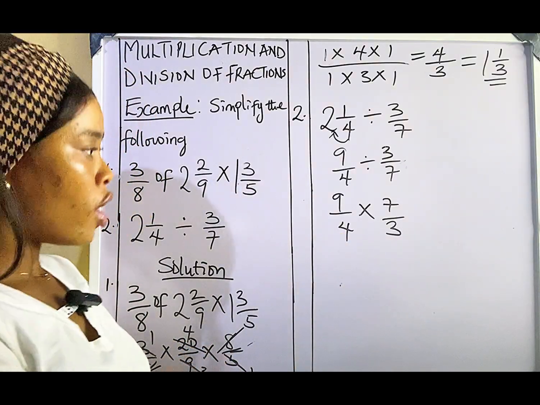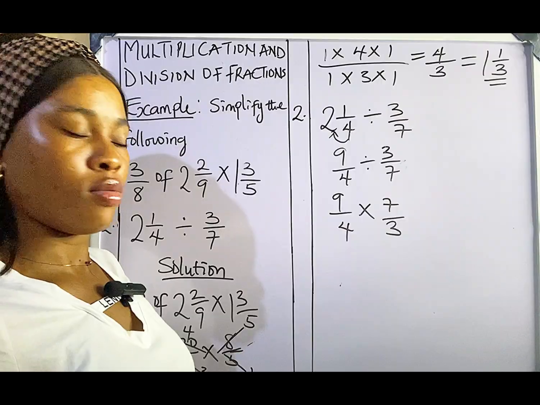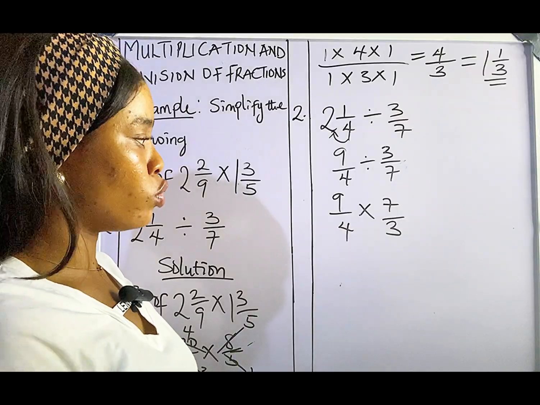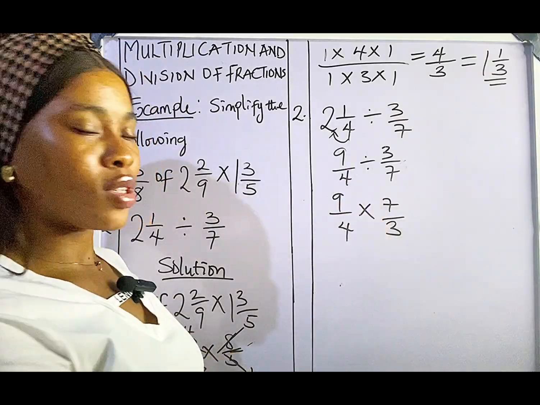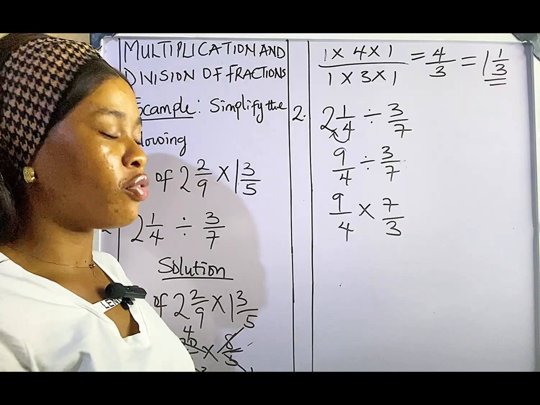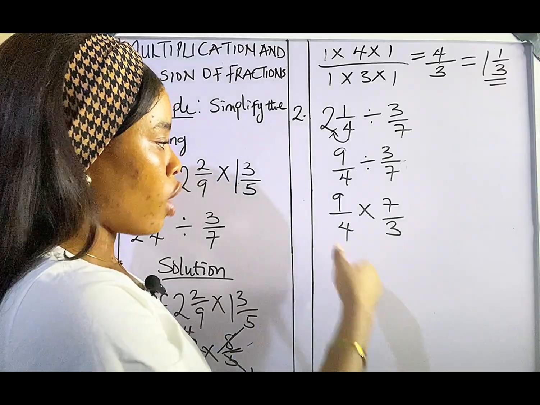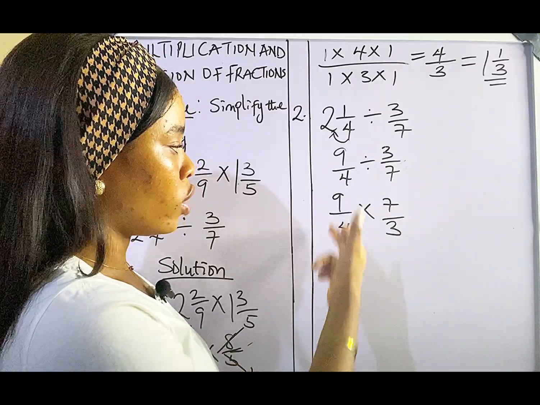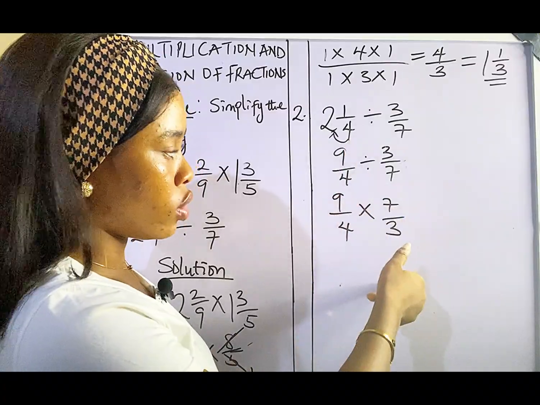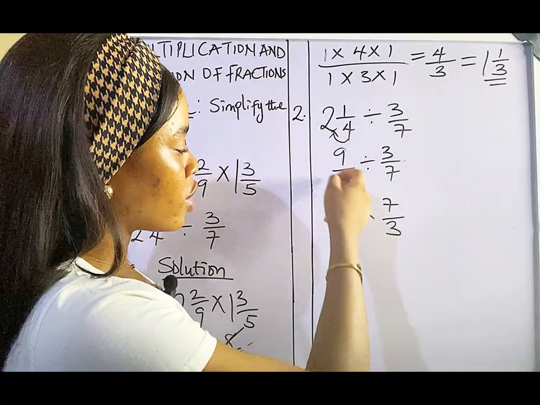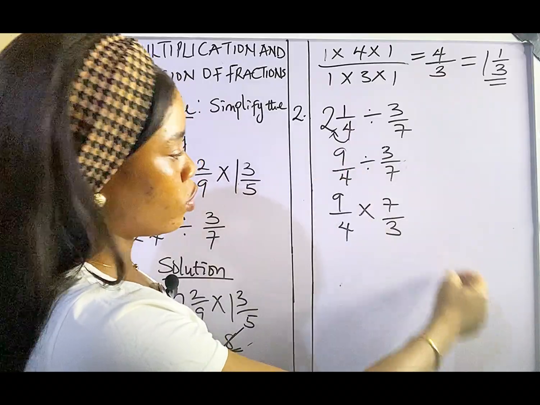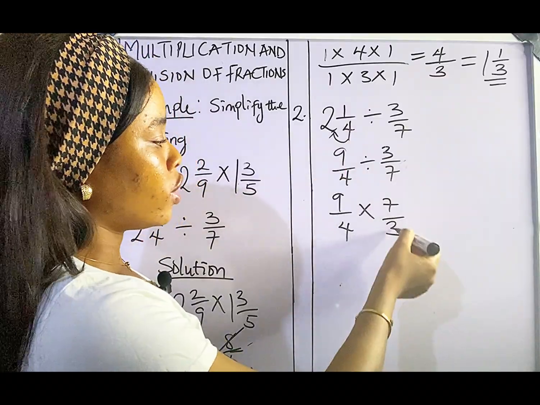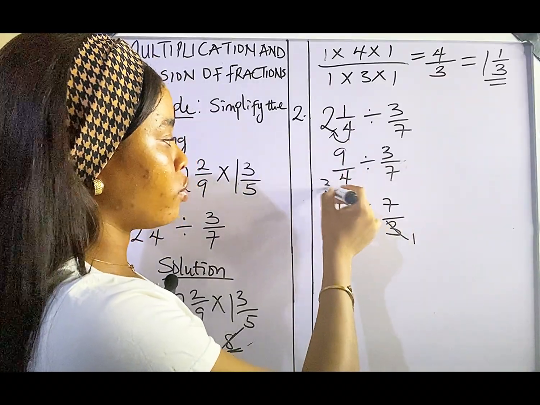Now remember, we are now at this stage. So we do what we are supposed to do, which is first see what can divide through before we multiply. Remember, we can only divide this way, this way, this way, and this way. You can see that something can go this way, right? 3 here is 1, 3 here is 3.